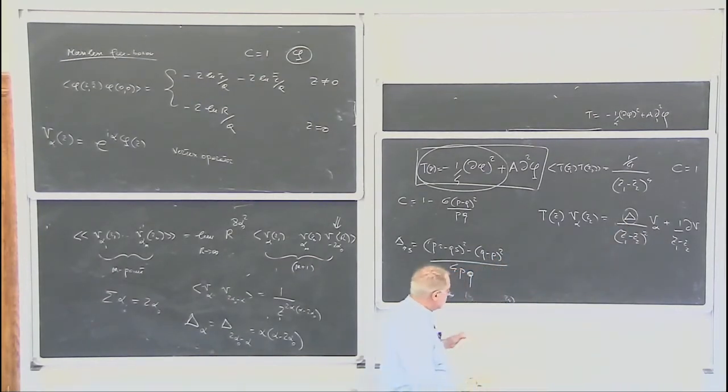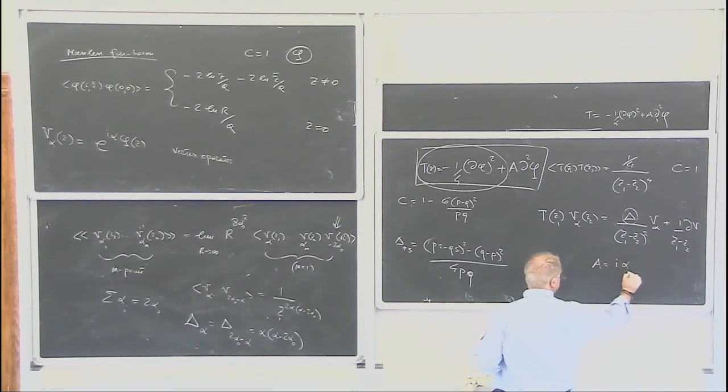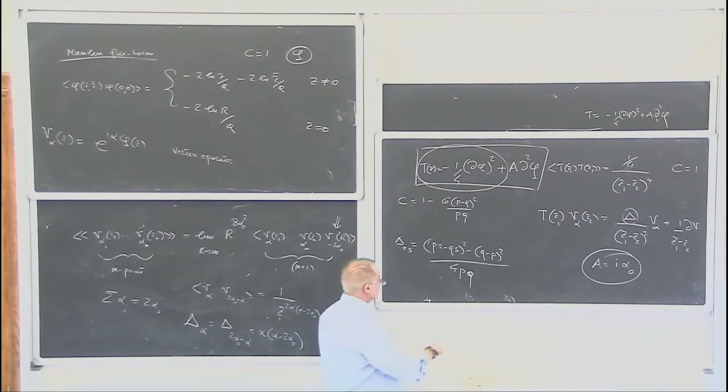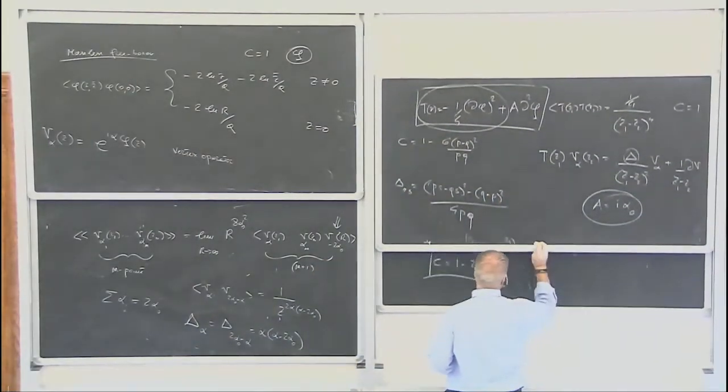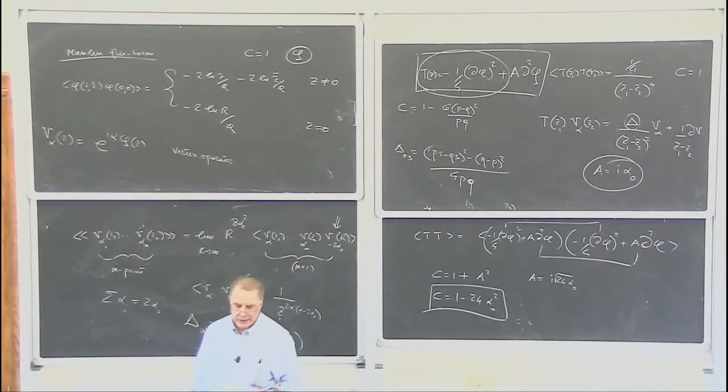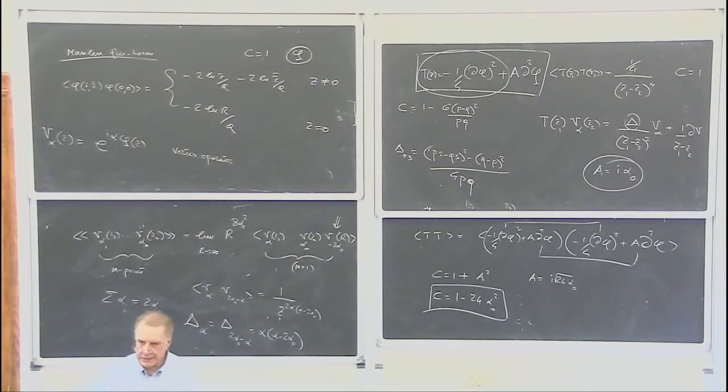And in this case, A turns out to be i alpha 0. And when you do the Wick contraction, because there are 4 derivatives, you get the 24, which is here. So the main message of this calculation is if you modify the Coulomb gas, you are able to reduce the central charge to less than 1, and then you already recover the symmetry of the Kac table or the minimal model.